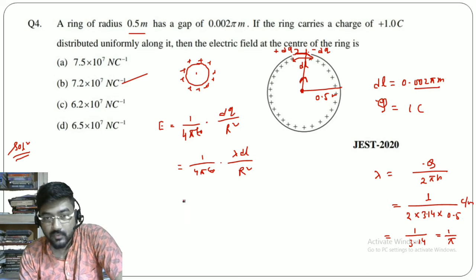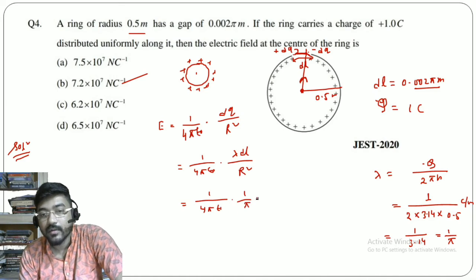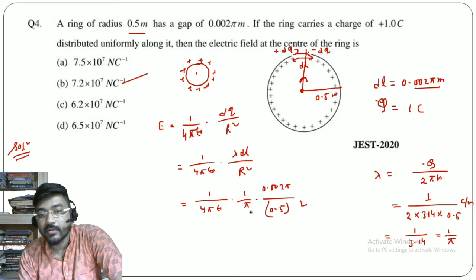So let me put it: 1 upon 4 pi epsilon naught, lambda is 1 upon pi, dl is 0.002 pi, and r is 0.5 square. Now you can calculate this, and I think the result will be 7.2 into 10 to the power 7.